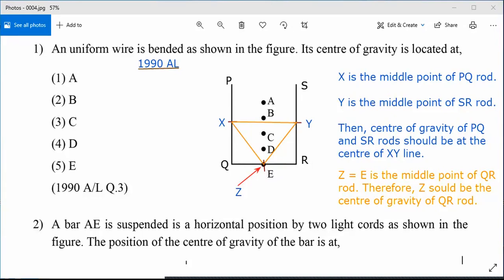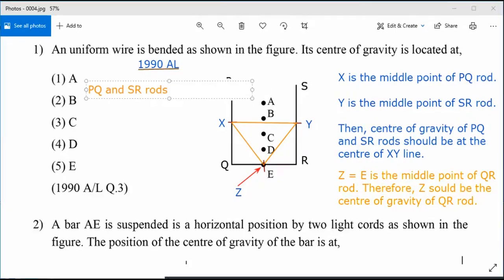Very good. Now, you should identify this point here. Can you see that PQ and SR rods have more mass than QR?